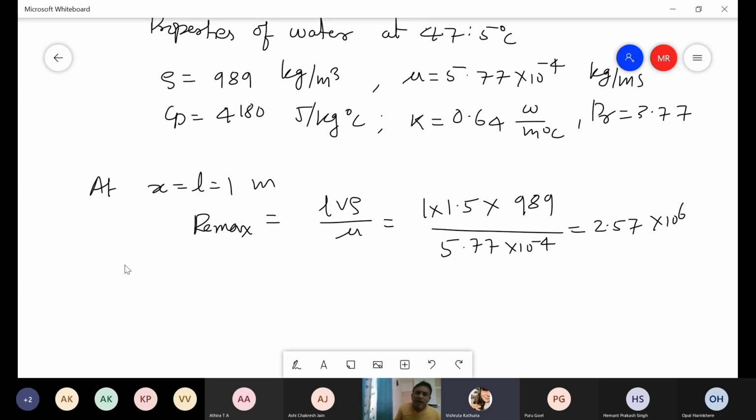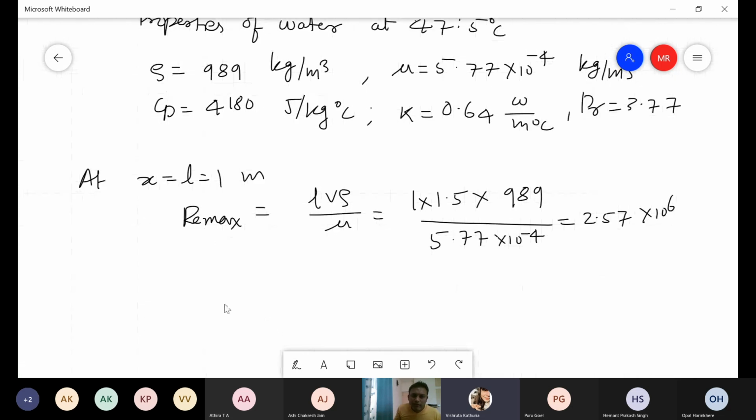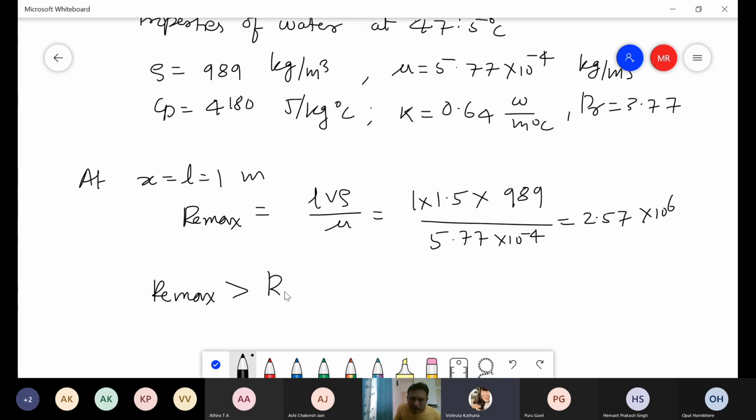Okay, so now this Re max, the maximum Reynolds number, is greater than Re critical, isn't it? What is the value of the critical Reynolds number? Critical Reynolds number is 5 into 10 raised to the power 5, isn't it? That is what we have seen in the last class. When Reynolds number is less than 5 into 10 raised to the power 5, then my flow is laminar, isn't it?